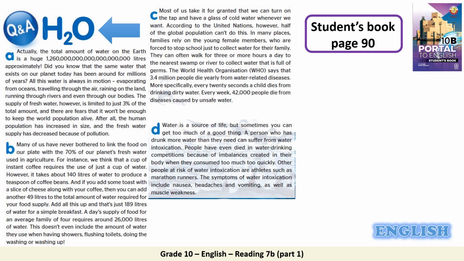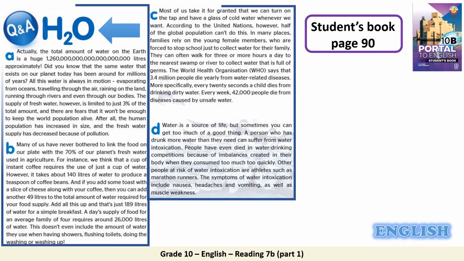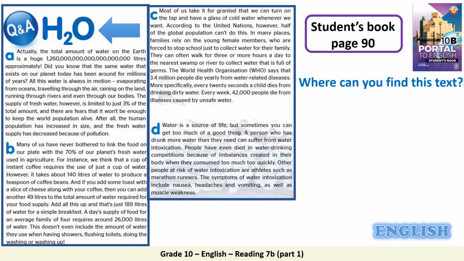Now, please, dear students, let's have a look at the text on page 90. So just have a look at the layout here and tell me, where can you find this text? Very good. So we can find it in a science magazine. Okay, now what type of text is it? Have some time and then we are going to check the answer.